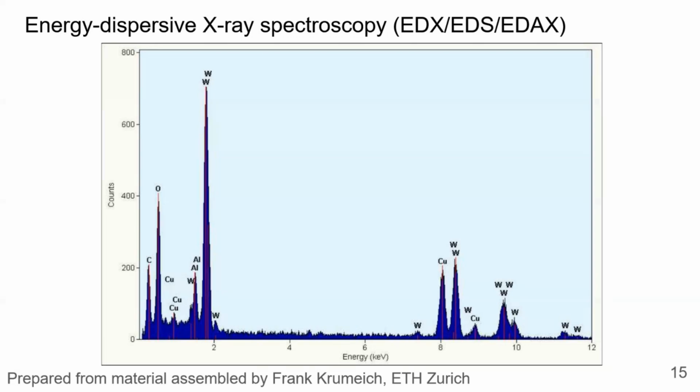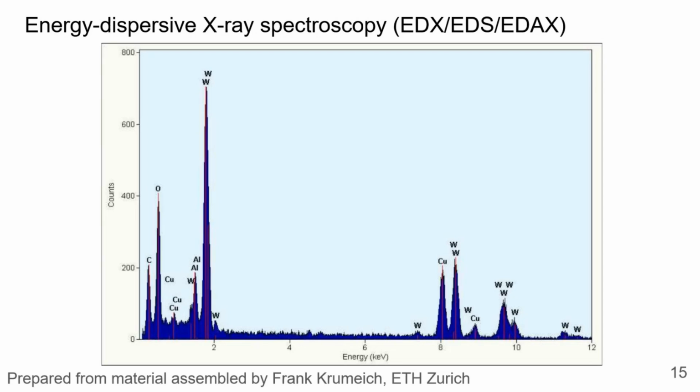These X-rays are at well-defined characteristic energies. So this is an example of an EDX spectrum where you have the energy of the X-rays coming off of it on the x-axis, and then you have the number of counts, how many X-rays at each of those energies have been recorded, on the y-axis.